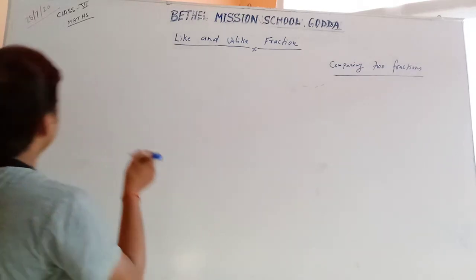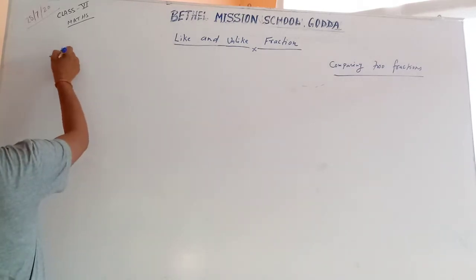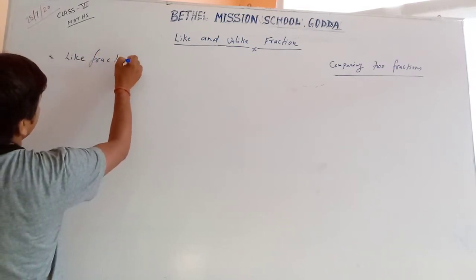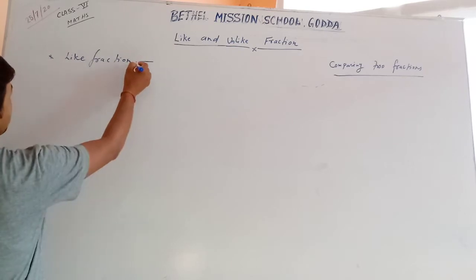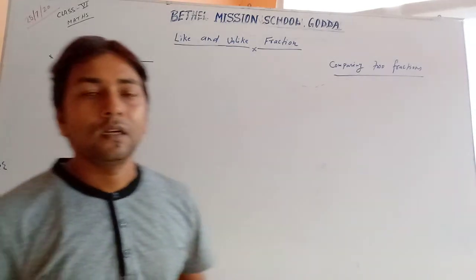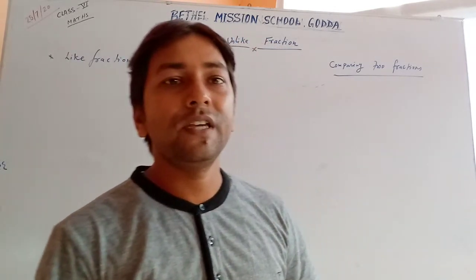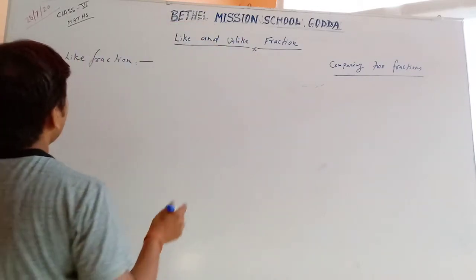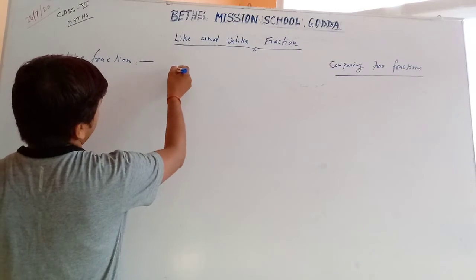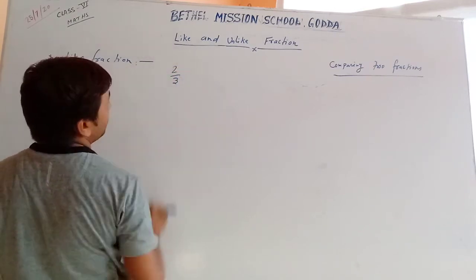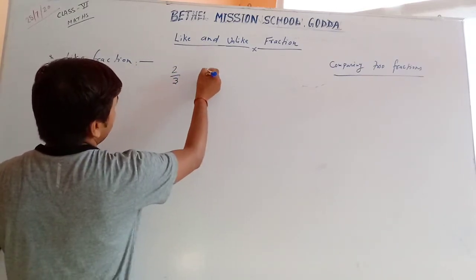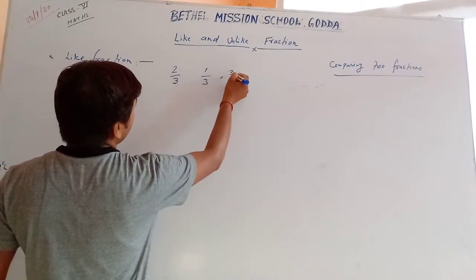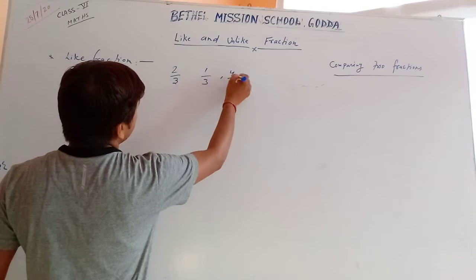First we read about like fractions. What is a like fraction? The fractions which have the same denominators are called like fractions. Suppose 2 upon 3 and 1 upon 3 or 4 upon 3.